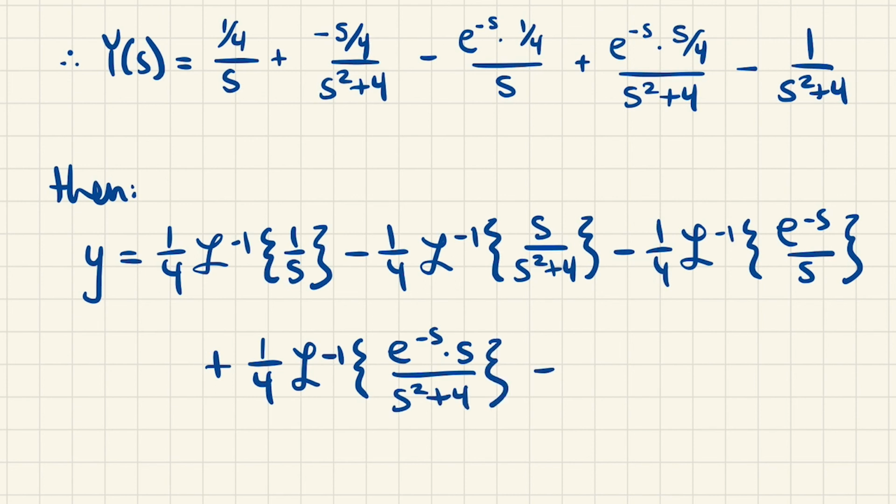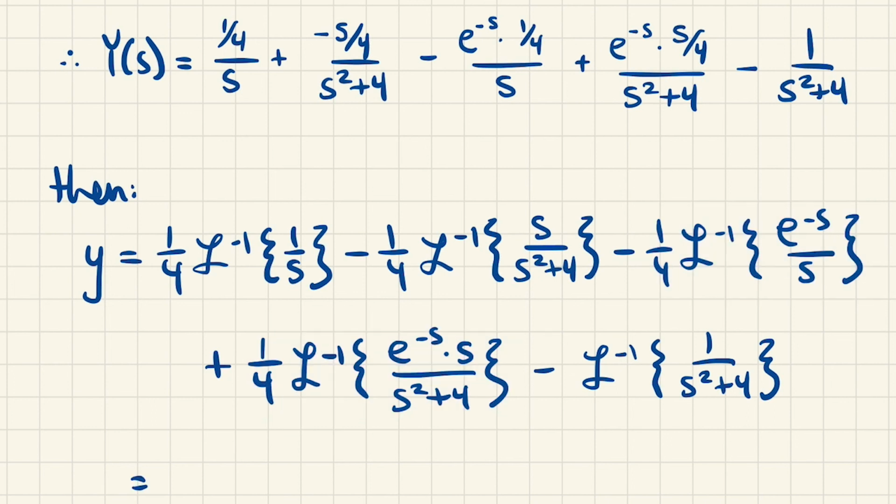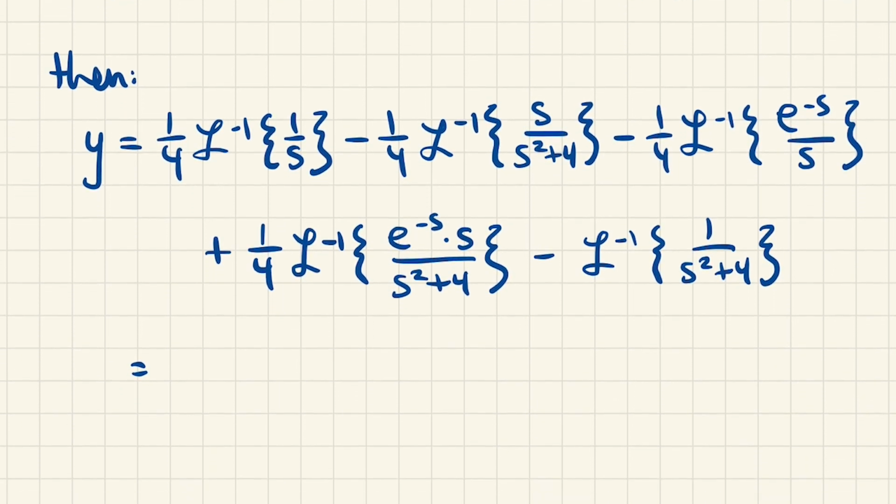And finally, the inverse Laplace of 1 over s squared plus 4. Okay, so most of these we're going to get right away, and then the couple that have the exponential factor, we're going to need to use the second translation theorem, but that's not too bad. So let's knock out the easy ones right now.